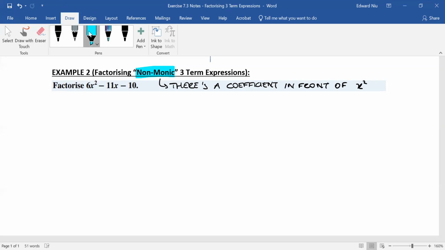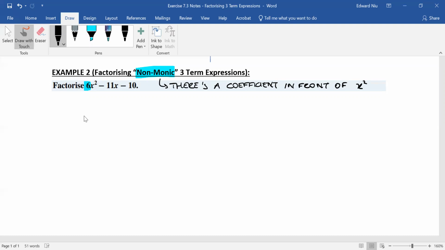The reason being is this expression 6x squared, take away 11x, take away 10. The non-monic is the 6. That 6x squared makes this expression non-monic.